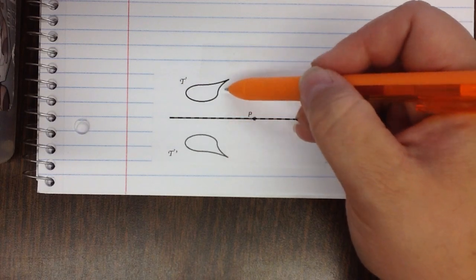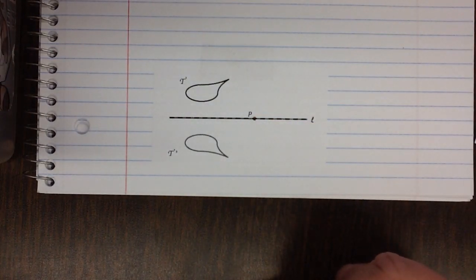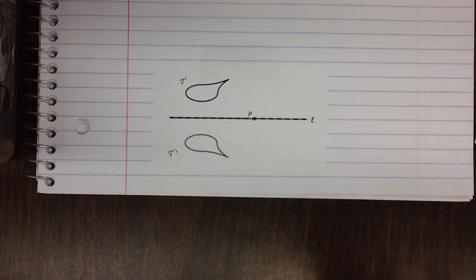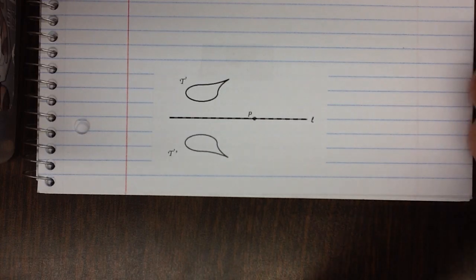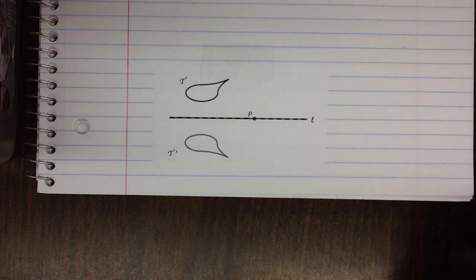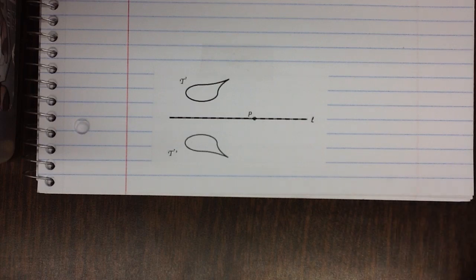So you got to make sure it's the same and that you're using your transparency and you're putting it underneath your paper. That is how you do transformation. So you got to trace it, line it up underneath your paper, and then trace what you originally traced.